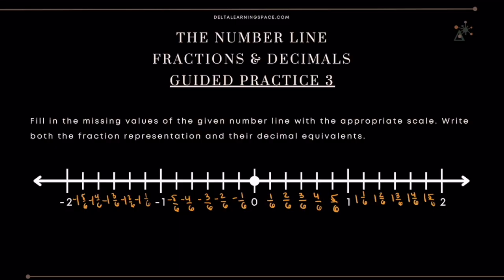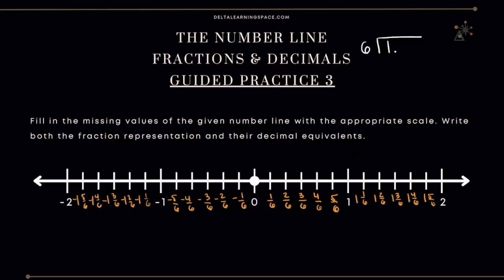Now I need to write my decimal equivalent, and just as a small practice, I'm going to show you how we can convert 1/6 to a decimal. And so if I'm converting 1/6 to a decimal, I am going to write the 1 on the inside with the 6 on the outside of my division. We always want to put the numerator on the inside and the denominator on the outside.